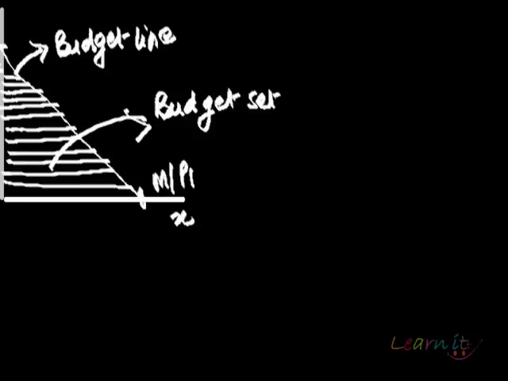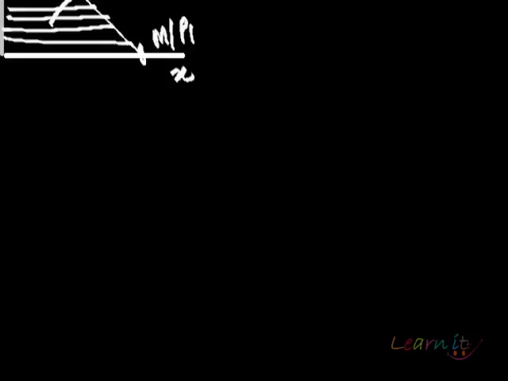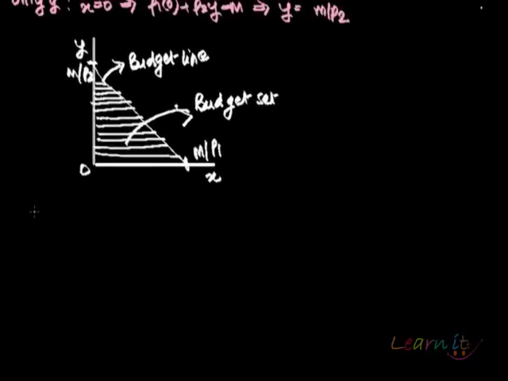Now the point is, how do you derive the slope of the budget line? Let me write the budget line again: P1x plus P2y equals m. On the budget line, whether you change your x or y, this equality has to be satisfied.